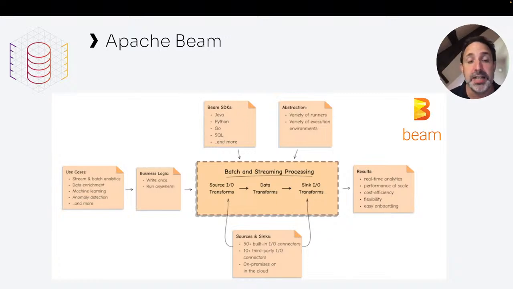There are some SDKs, as you can see on the screen: Java, Python, Go, SQL. The two most in use, of course, are Java and Python. Lately Python, because with that you can totally do machine learning training. And guess what? I hope I will have time to show you that today.